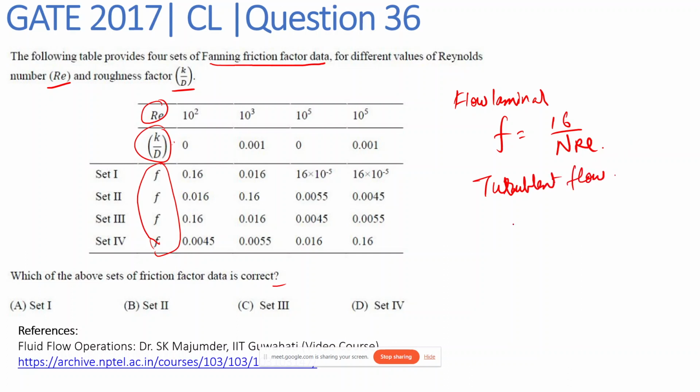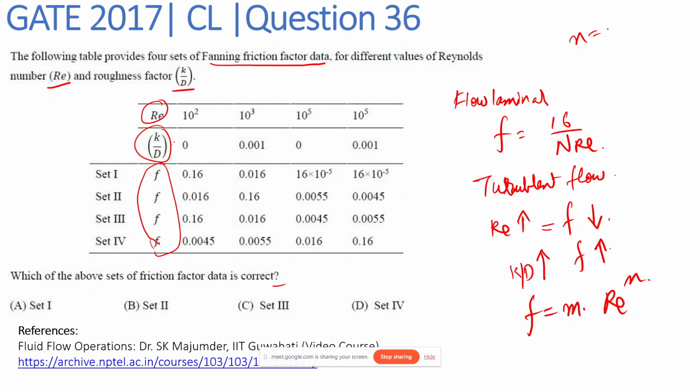For turbulent flow, you can remember that with increase in Reynolds number, the friction factor will decrease, and also with increase in the roughness, that is the ratio K by D, the friction factor will increase. And this correlation between Reynolds number and friction factor can be characterized by this equation, that is F is some constant times Reynolds number raised to n, and for a few of the cases you can take n as minus 0.2.